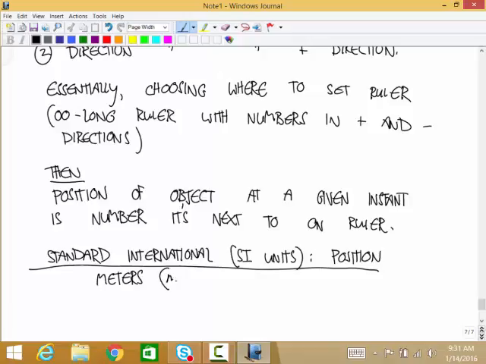You abbreviate that lowercase m. And it always has to be a length unit. So you could define position in inches or feet or miles or whatever.